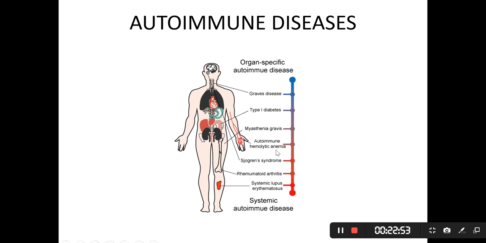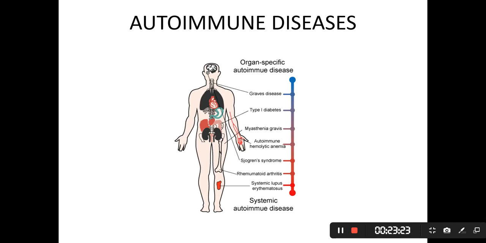What happens in autoimmune hemolytic anemia? Anemia, we know, is a decrease in RBC. So how do you identify an RBC? Either it will have an A antigen on its surface, or it will have a B antigen on its surface. If there is an A antigen, the antibodies will be B. If there is a B antigen, the antibodies will be A. But sometimes there are A antigens on the RBCs, and by mistake or by an abnormal reaction, antibodies A start getting developed.